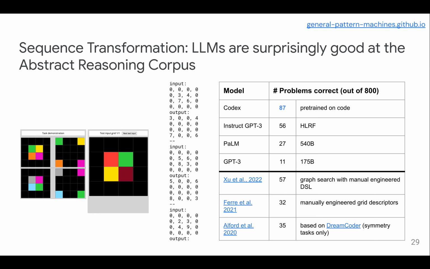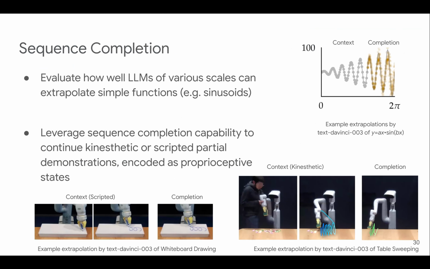And there's a lot of ways to apply this to robotics. We can show it a sequence and see that it extrapolates that effectively, like a sinusoid, or something actually on the robot where maybe you've shown it the way to move, and it will just keep continuing to do that.